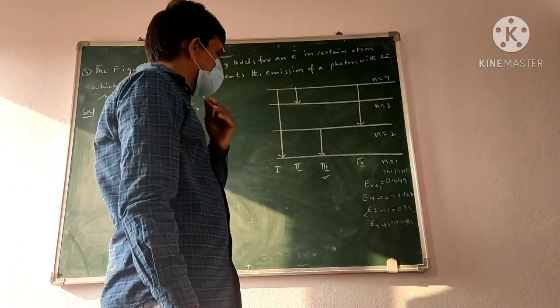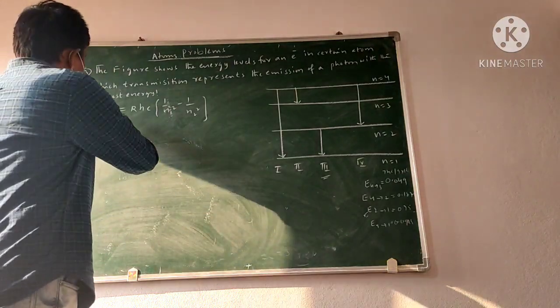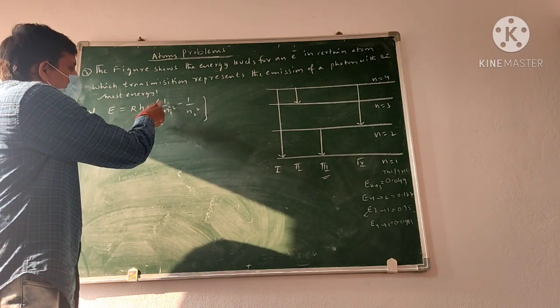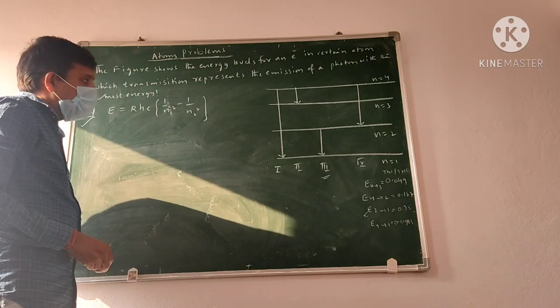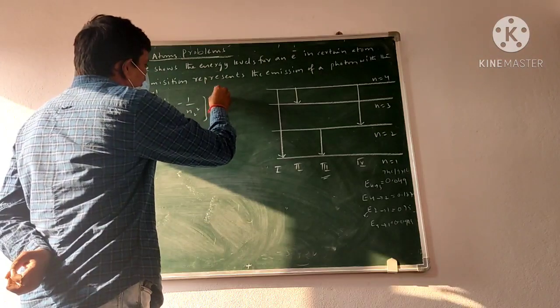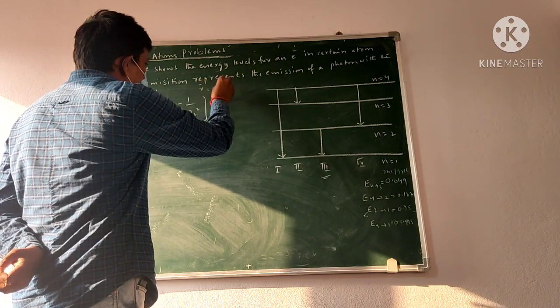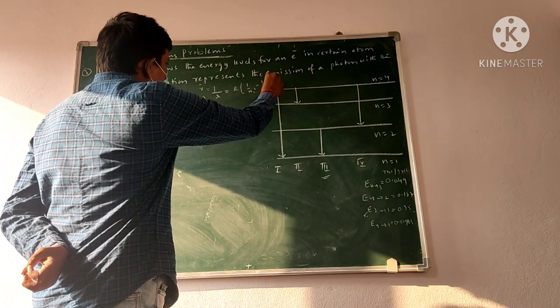Photon energy is maximum. So we know that the energy of the photon E is equal to RHC (1/n1² − 1/n2²). We know that 1/λ, or the wave number, is equal to R (1/n1² − 1/n2²).